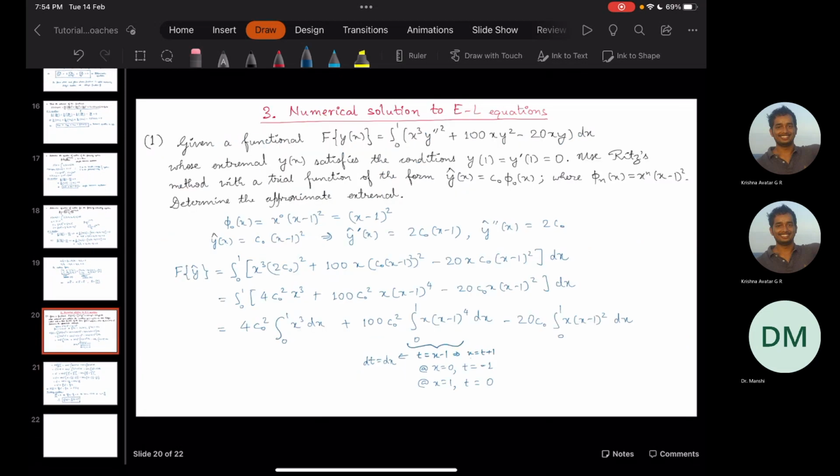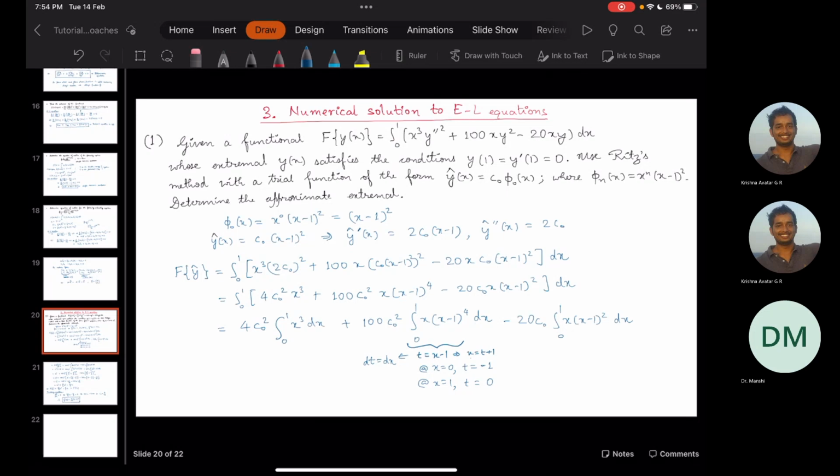And mind you that in order to find a better approximation for the extremal, you can even try taking more and more terms in the approximation.